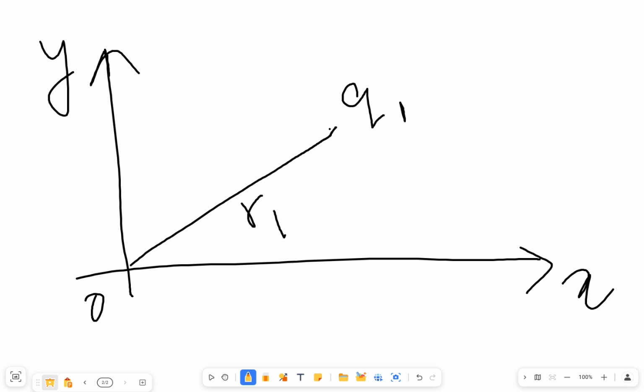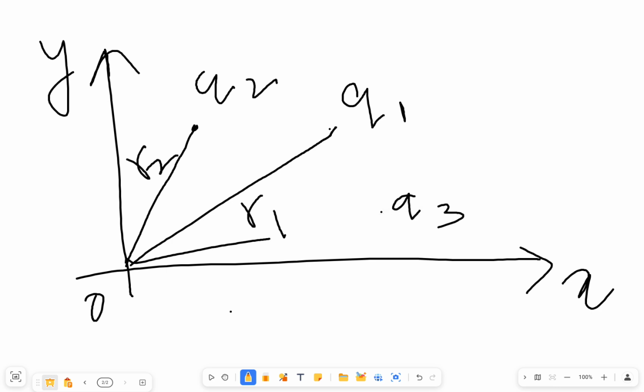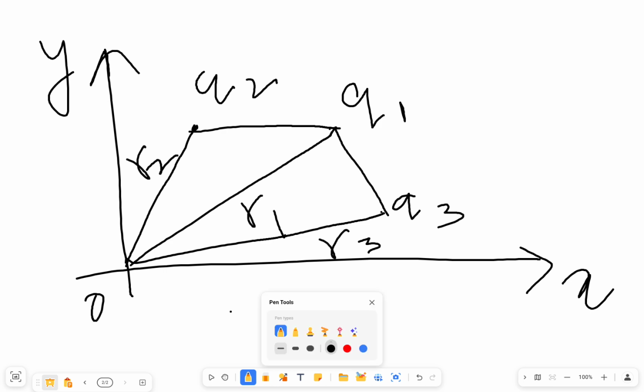Suppose there is a charge Q2 that is at a distance r2 from that origin, and there is a charge Q3 that is at a distance r3 from the origin. So according to the parallelogram law of vector addition, we can find out the resultant force acting on Q1 due to the charges Q2 and Q3. The resultant forces will be acting in these directions.